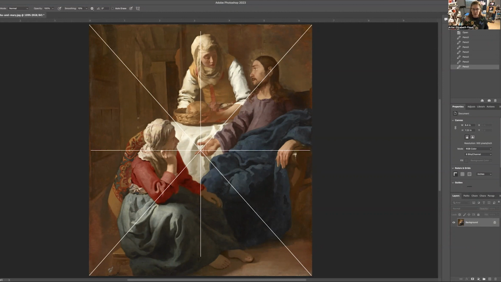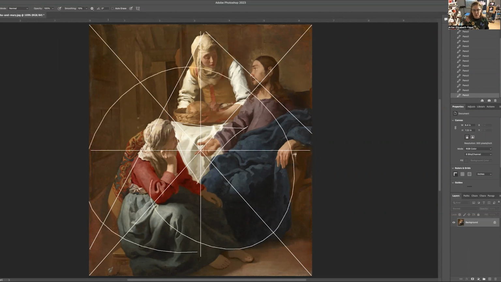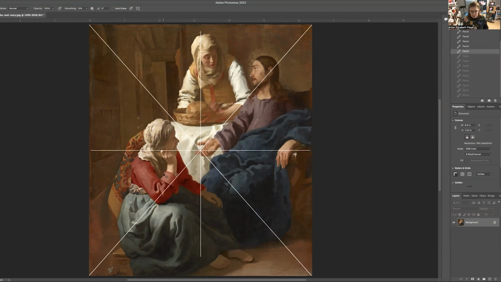It just really creates strength in that pose, in the grace of it. Now, like I had said, we have this strong pyramidal composition, but then we also have an inverted triangle as well, which creates an even stronger unity of Jesus, Mary, and Martha. It's a beautiful painting.